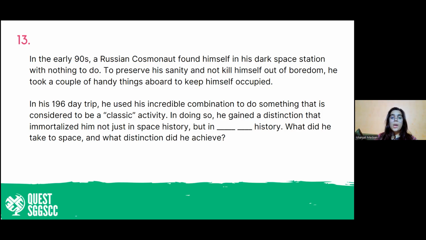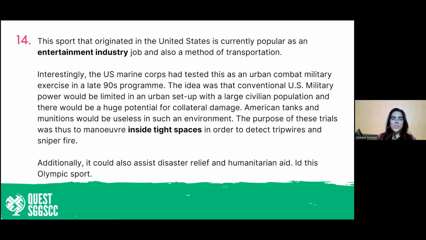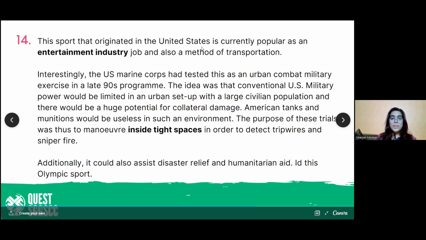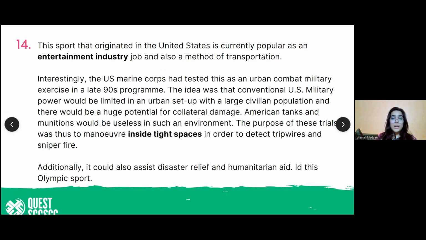Moving ahead to the 14th question. This sport that originated in the United States is currently popular as an entertainment industry job and also a method of transportation. Interestingly, the US Marine Corps had tested this as an urban combat military exercise in the late 90s program.